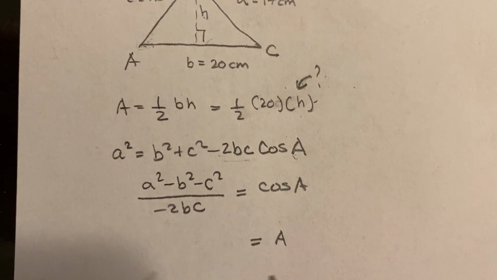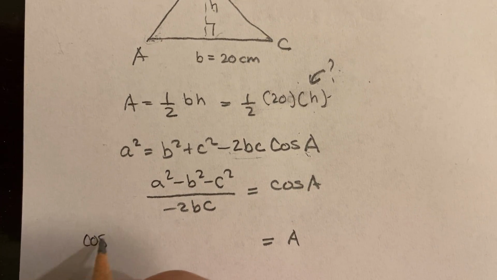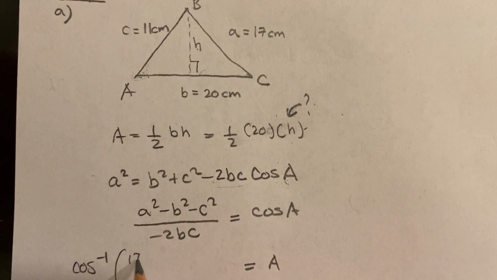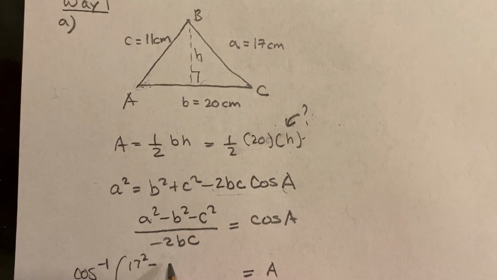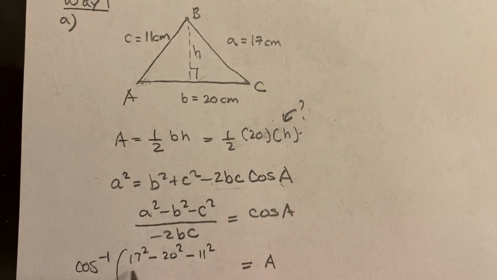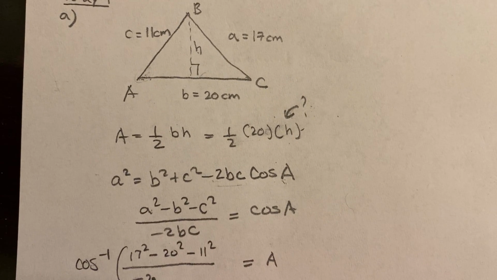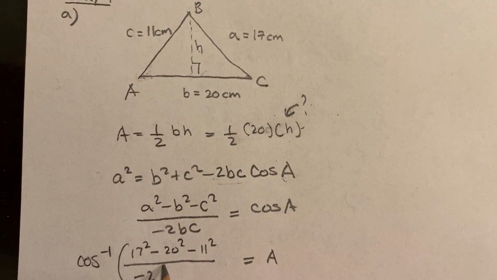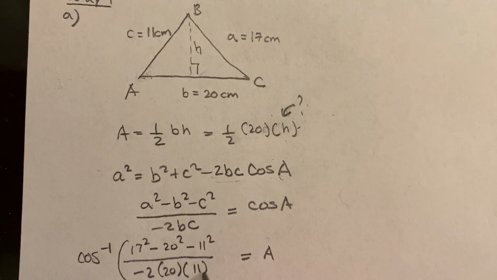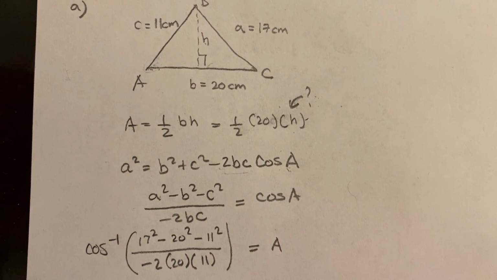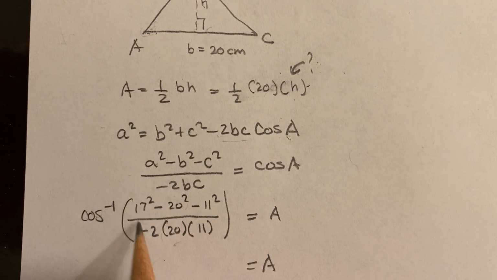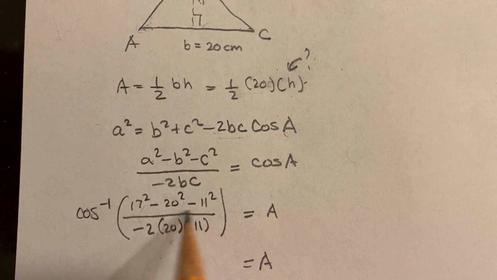So A is the cosine inverse of little a squared, which is 17 squared, minus little b, 20 squared, minus c squared, 11 squared, all over negative 2bc. Negative 2 times 20 times little c, which is 11. If your calculator can't enter all this in one line, whatever this is, you're going to get some kind of decimal.